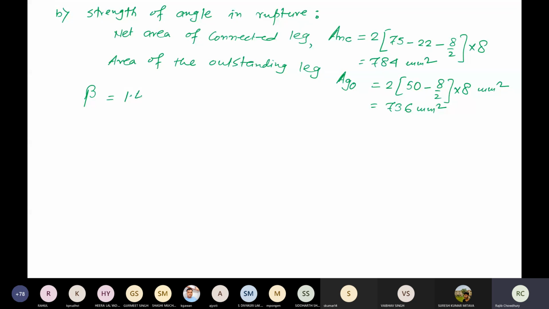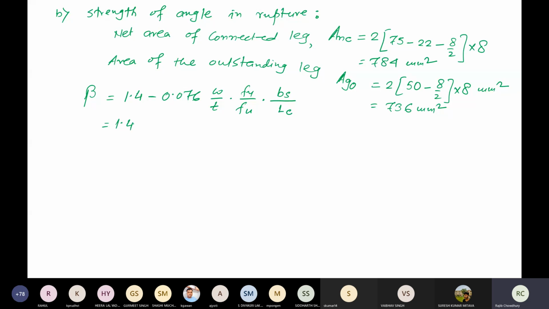Beta is equal to 1.4 minus 0.076, it is coming from the formula which has already been postulated in the IS code, multiplied by w by 2t times fy by fu times bs, the total length of the shear lag, divided by Lc, the connected length.